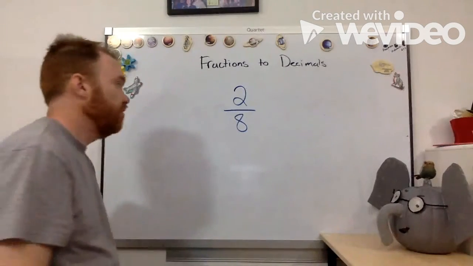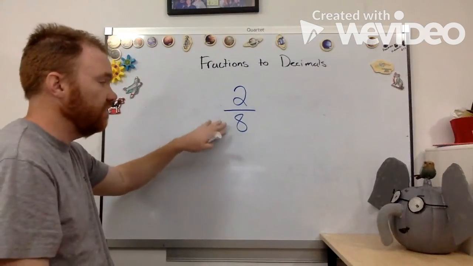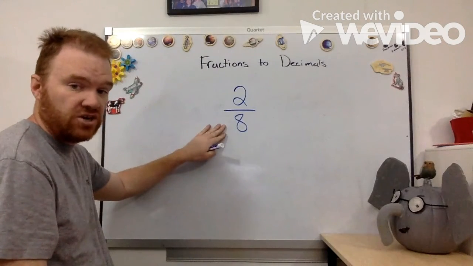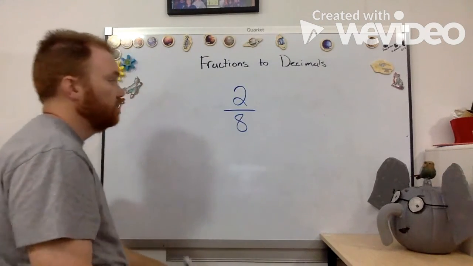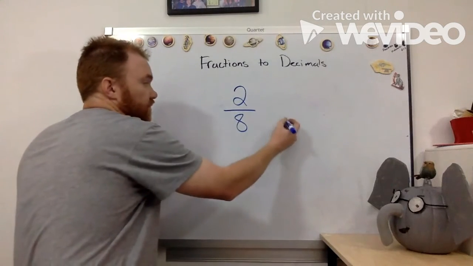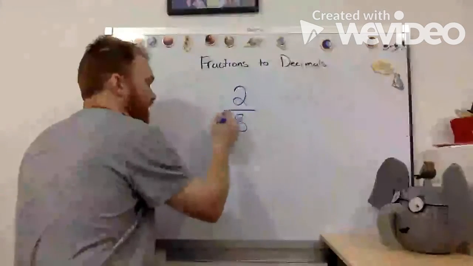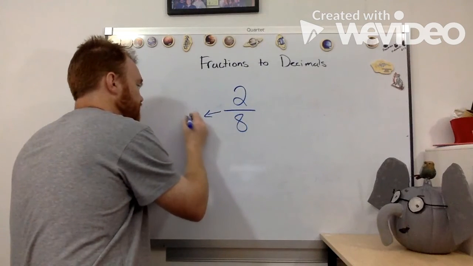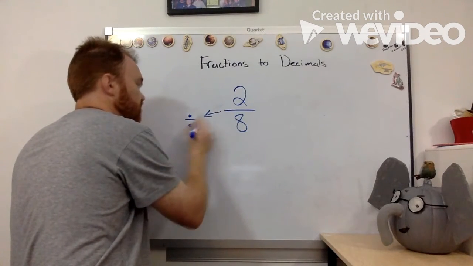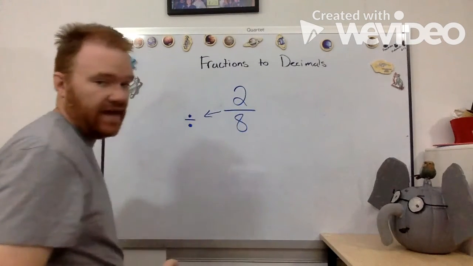I can still do it, even though 8 doesn't turn into 100 nicely. I'm going to divide, because remember, that fraction bar is the same thing as a division sign. So this could also say 2 divided by 8.